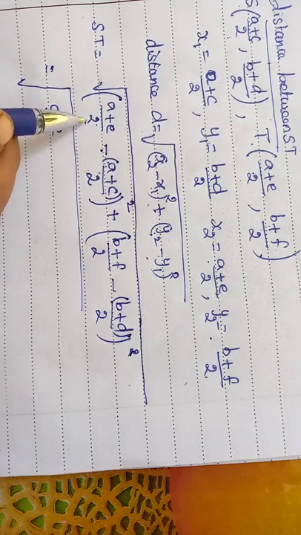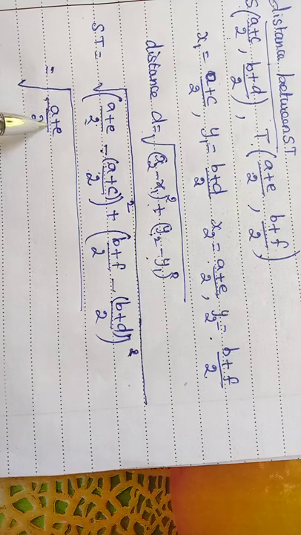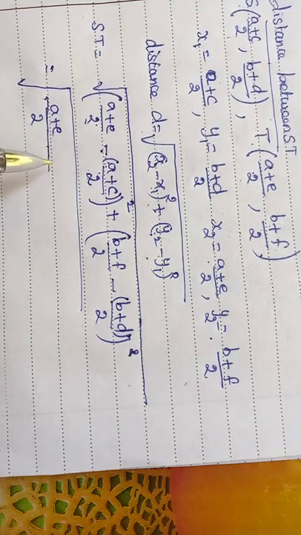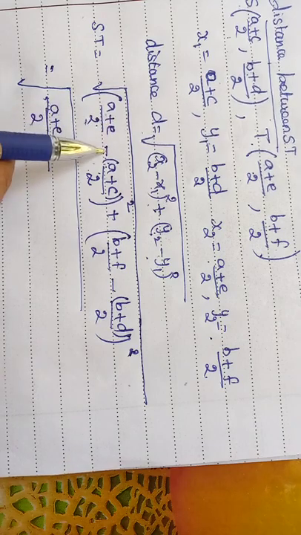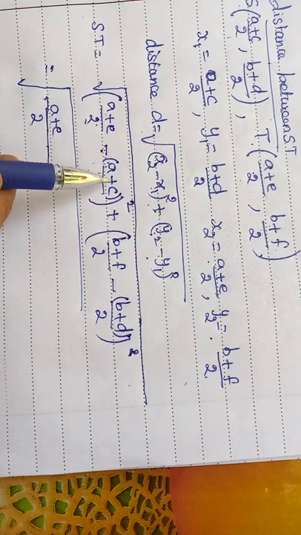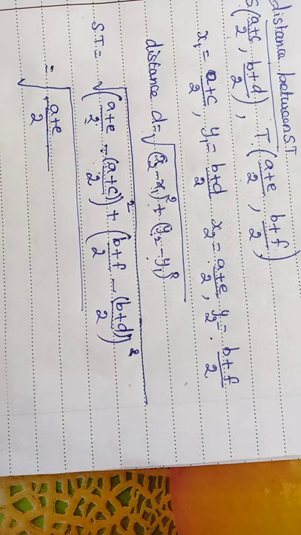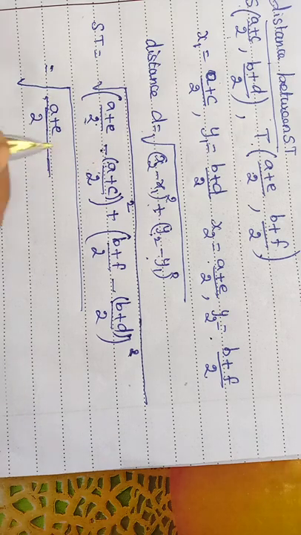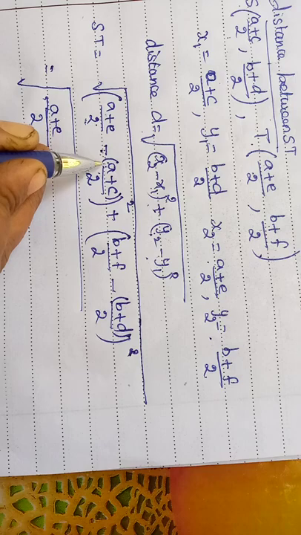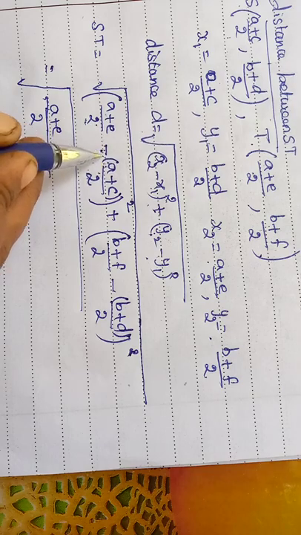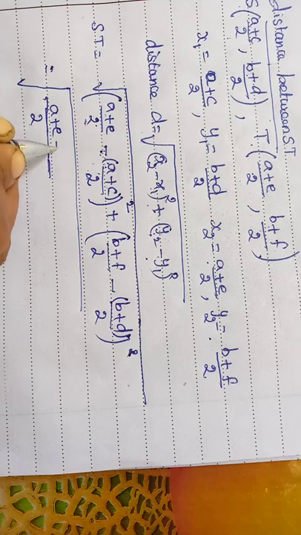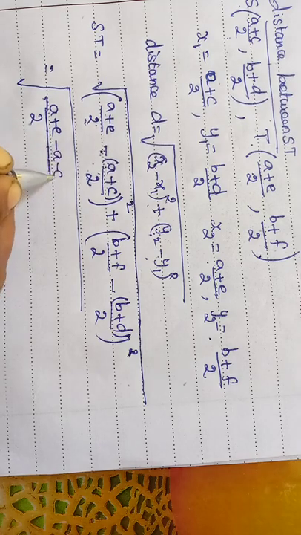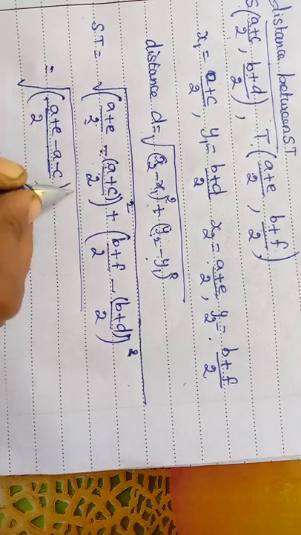Both terms are equal, so we can write it as it is. So the denominator is 2, and the numerator as it is, that is A plus E. With the minus, let's multiply these two terms: minus of A is minus A and minus of C is minus C. So we can write minus A minus C, the whole square.